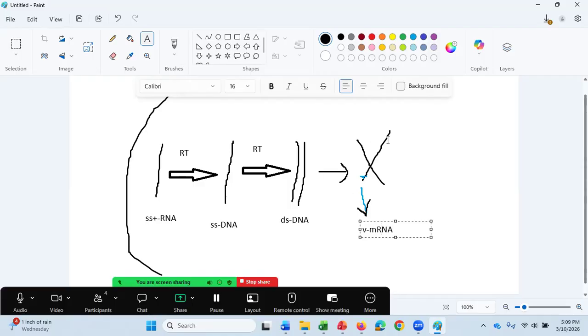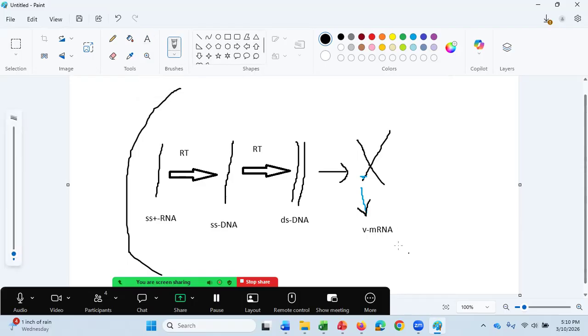It's an animal cell, so it has to be transcribed in the nucleus. And it'll make the viral proteins, especially the capsid proteins.